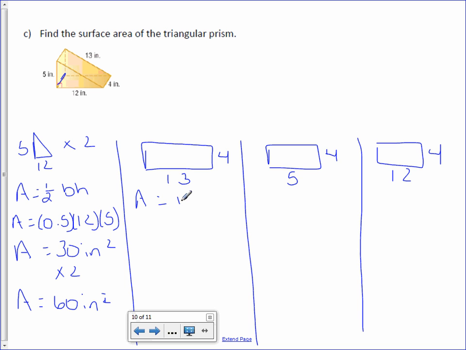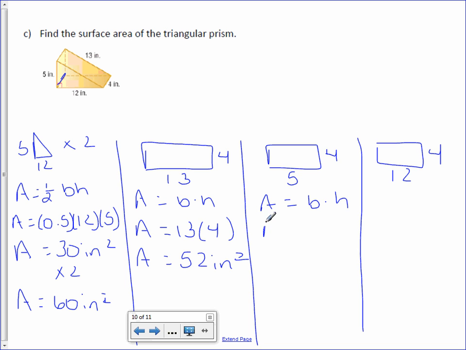Now to our rectangle. Area equals base times height. Area equals 13 times 4. Area equals 52 inches squared. Area equals base times height.